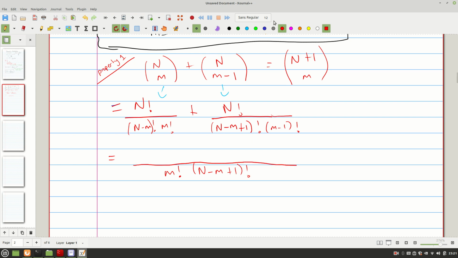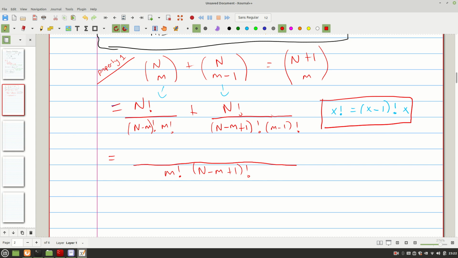But before doing that, we need to keep something in mind that might help with our proof: that x factorial is equal to x minus 1 factorial times x. This is something that we should be aware of, because we're going to continuously use this property in our proof.